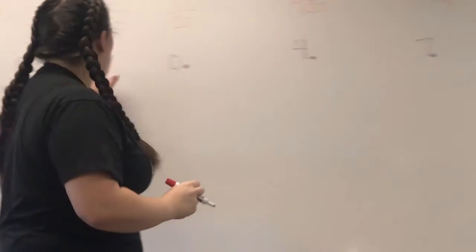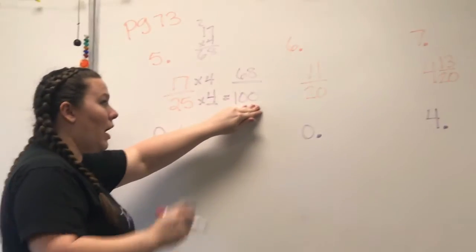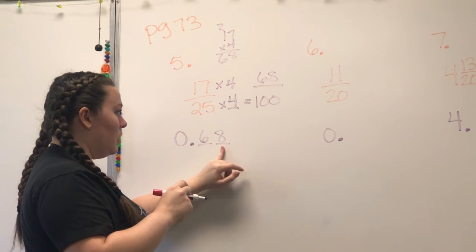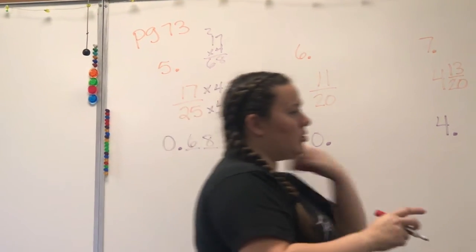Okay, over here, my denominator was 100. I know that the hundreds place has 2 decimal places. Okay, I don't have room over there, but I'm going to draw it underneath.